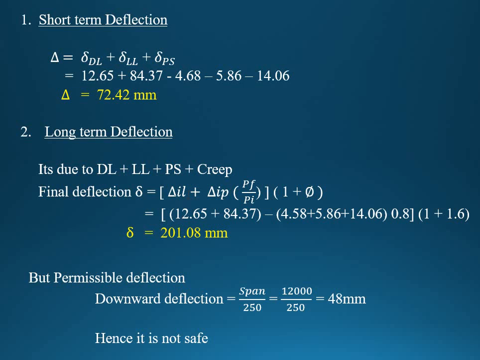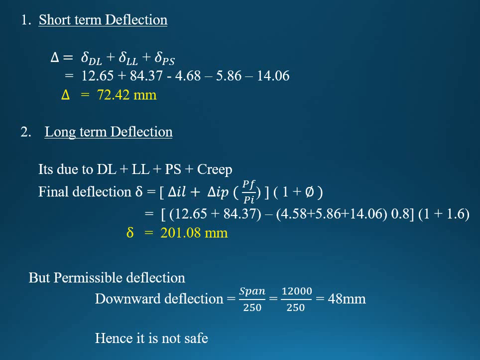One more important point: delta IL stands for deflection due to live load and deflection due to dead load as well. So you should take both the deflection due to live load and deflection due to dead load values, add them, and those two values will be equal to this single term. Don't forget that, and don't make any mistake at this point.